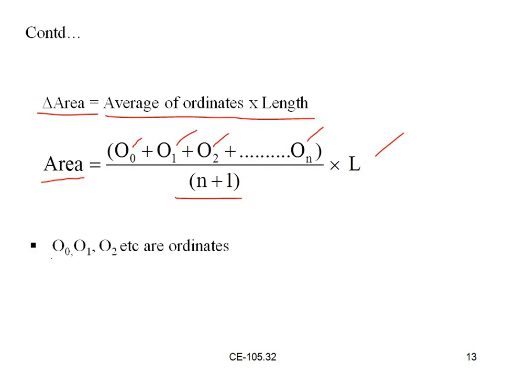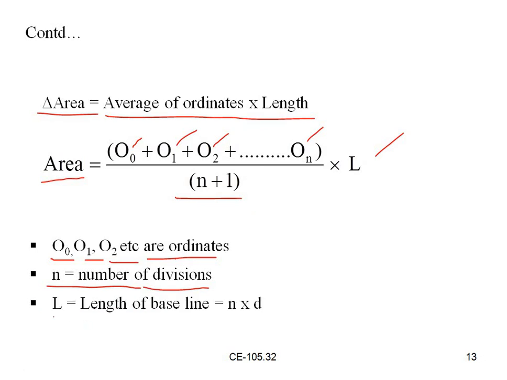So let us see. O0, O1, O2, etc. are the ordinates. n is equal to the number of divisions, so we have to check how many divisions we have made. L is equal to the length of the baseline, that is n into d.